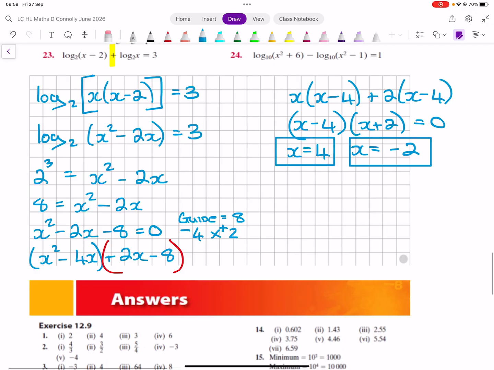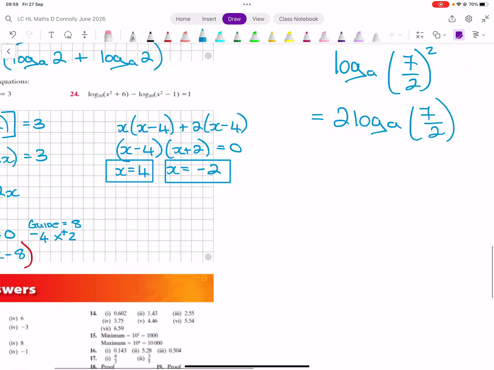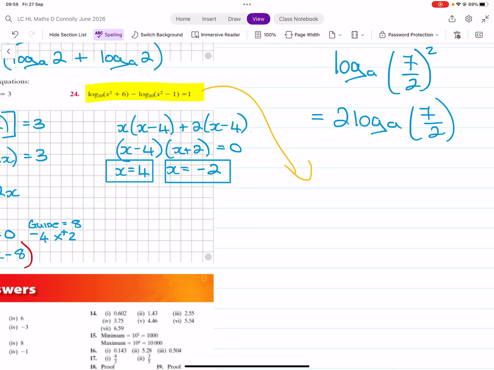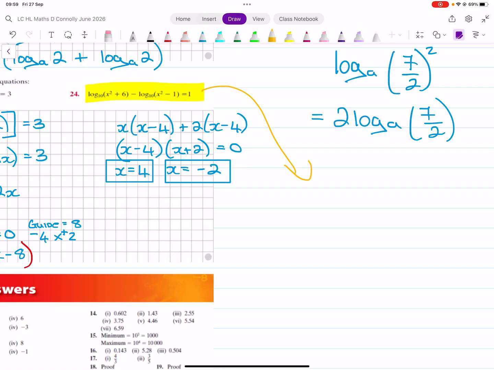And then the other one. Sorry, I'll highlight it in this colour. And then bring it down here. Okay, so that's going to be a subtraction into a division.